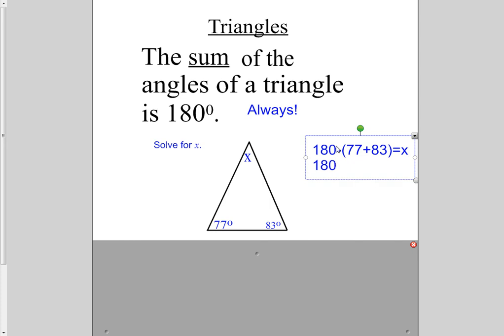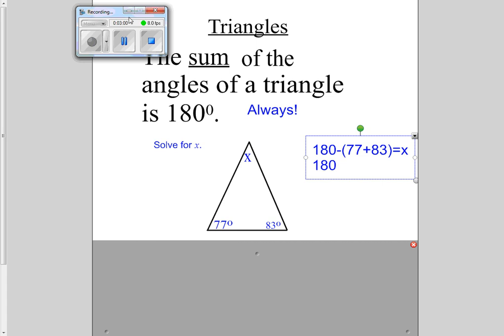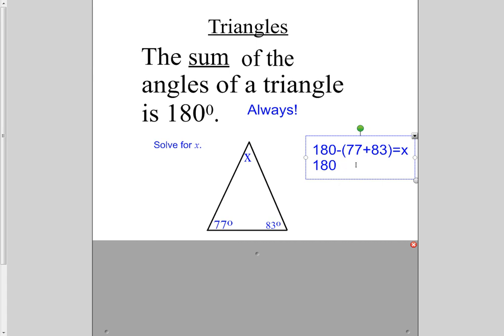So that'd be 180 minus 77 plus 83, which is 160, would equal x. So that's 20 equals x. So x equals 20 degrees.